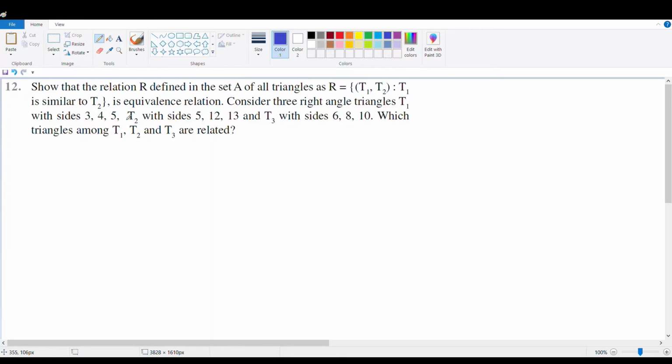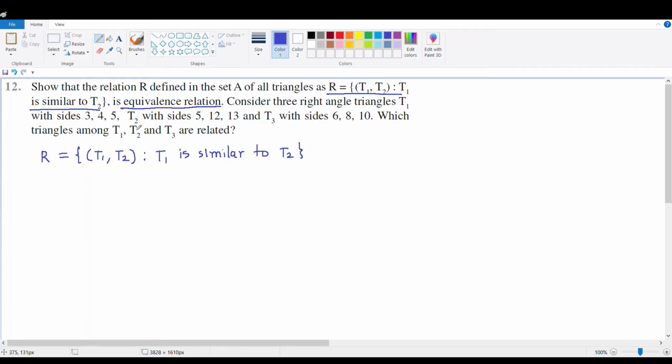So first we are going to work on showing that this is an equivalence relation. What are we given in that relation? That R equals (T1, T2), where T1 is similar to T2. So let me rewrite that. R is equal to (T1, T2) such that T1 is similar to T2.